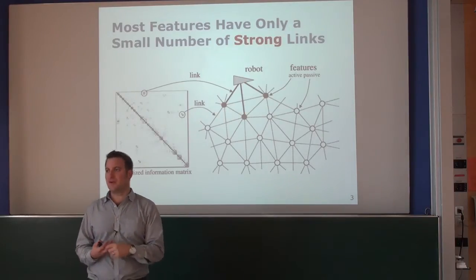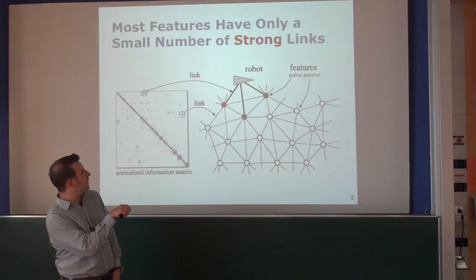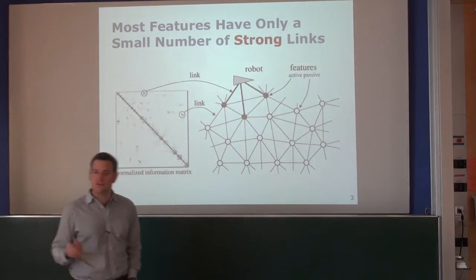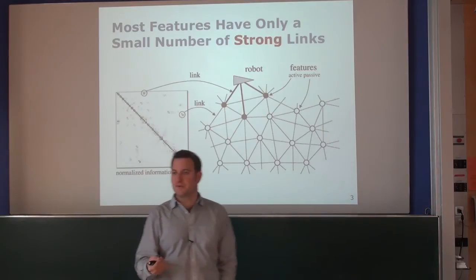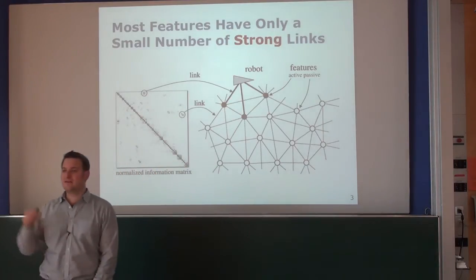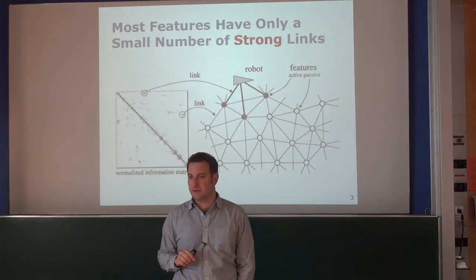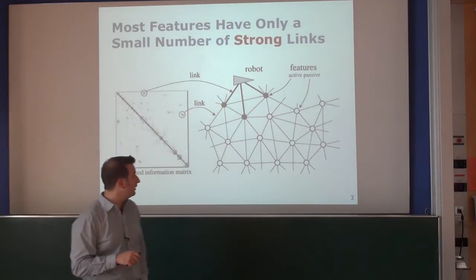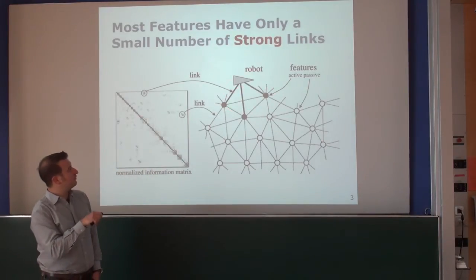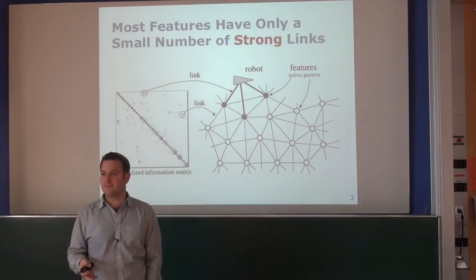So active features are those features where there's a direct link between the robot's pose and those features. So these are features which are typically observed. So if I observe a feature, I obtain additional information, and I add elements to the off-diagonal fields of my information matrix. And there's only a small number of those active features. Typically, it's a constant parameter in the SEIF implementation.